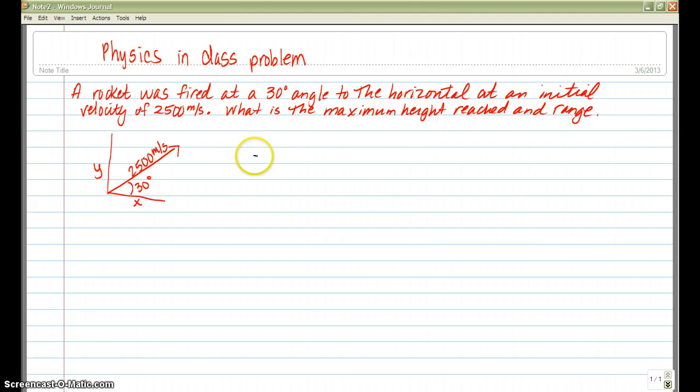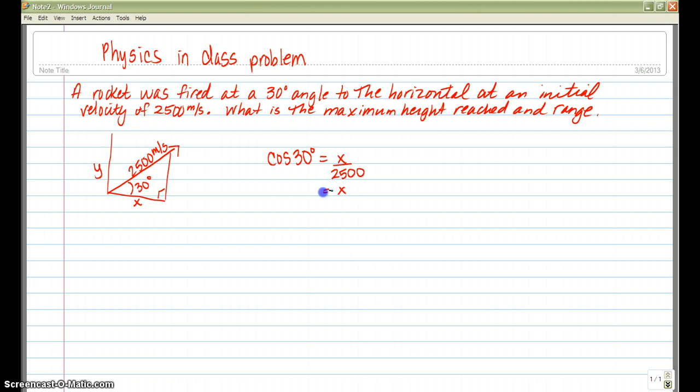So let's solve for the x first. If we wanted to make our triangle, there's our right angle. Here's our 30 degrees. So we have an adjacent and a hypotenuse. To solve for the x, we're going to use cosine. So cosine of 30 equals our x over 2,500.